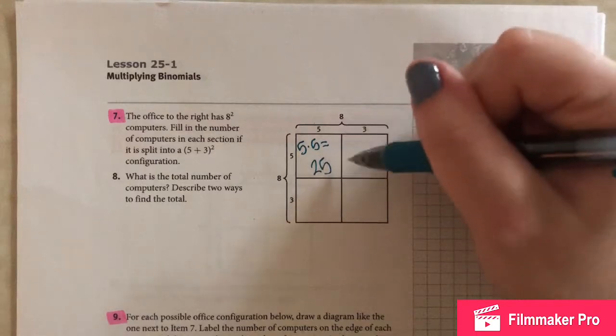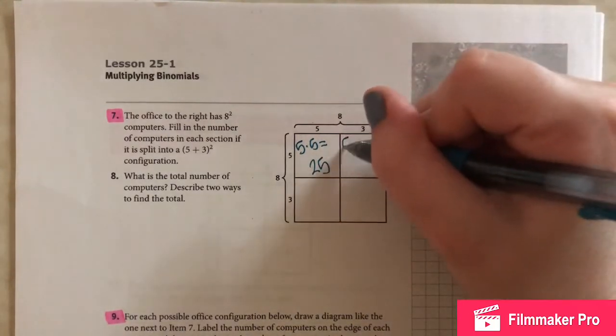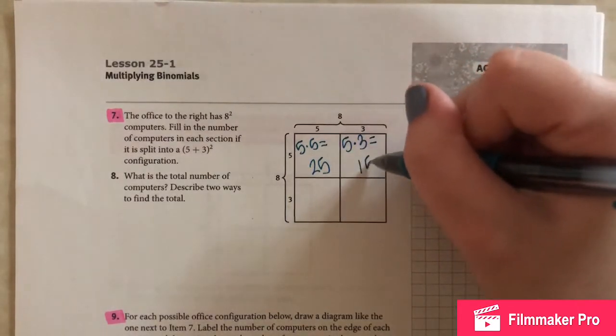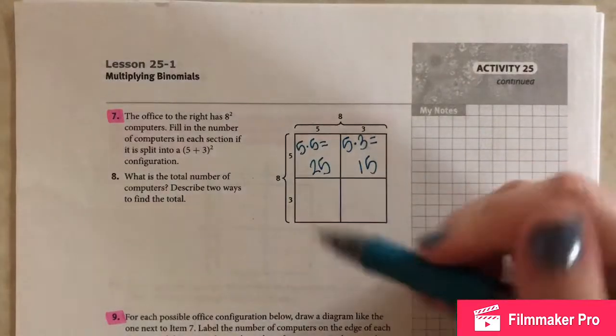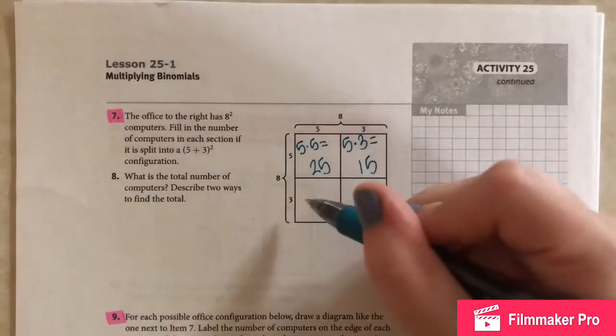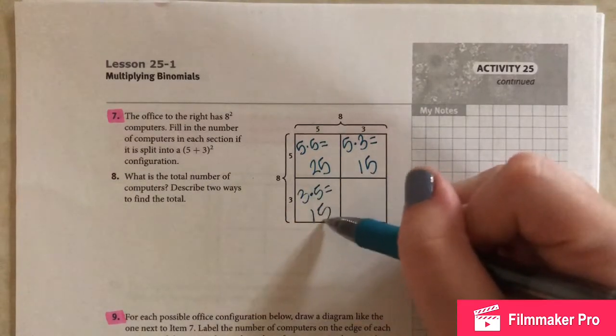So the length over here would be 5, and the width would be 3. So 5 times 3 is 15. Over here, length 3, width 5, so 3 times 5 is 15.